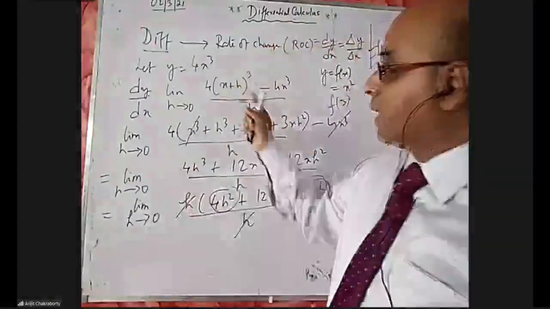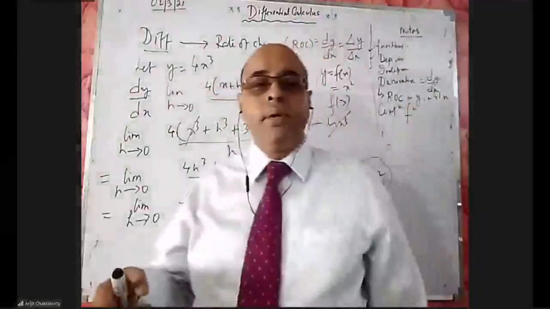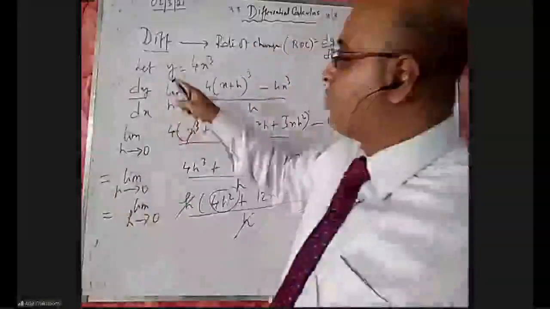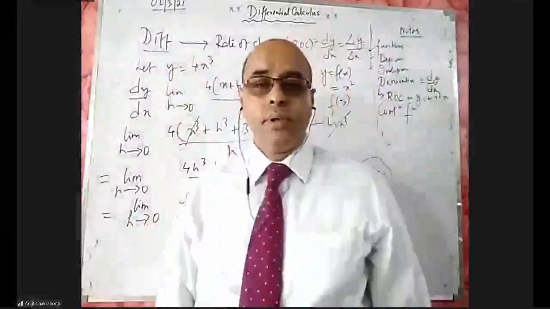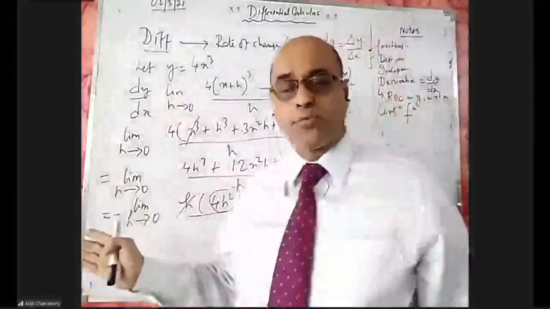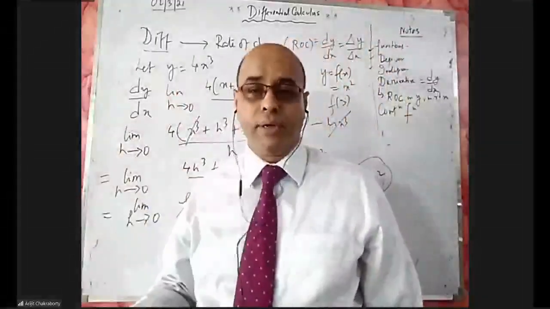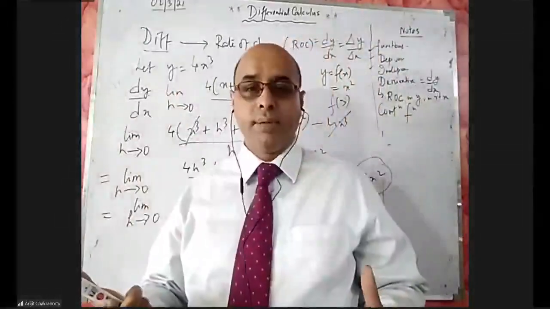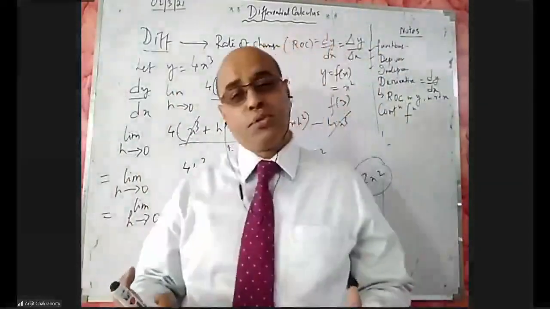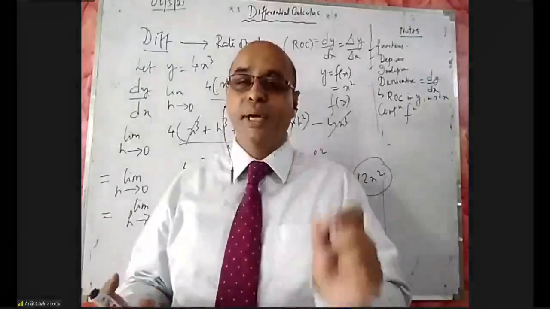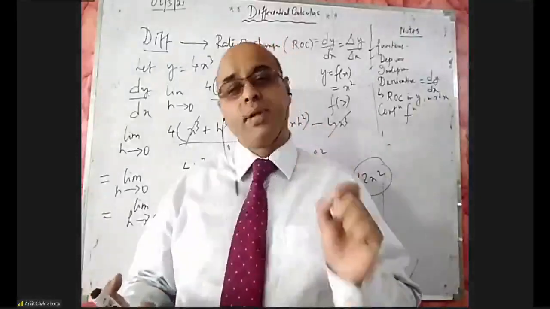So if it is given in the exam that dy by dx, where y equal to 4x cubed, yeah, this process is, of course, foolproof, but it will be time consuming. So we have the shortcuts, but then you have to remember a few of the formula. I request you to note it down, just simple formula, it will help you.